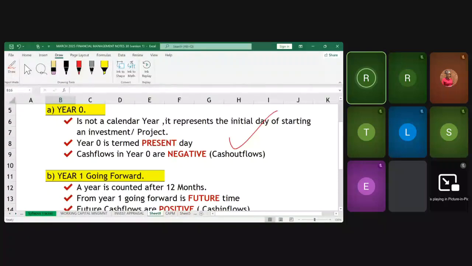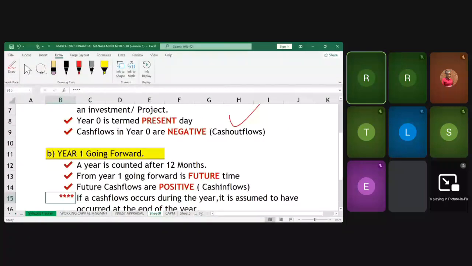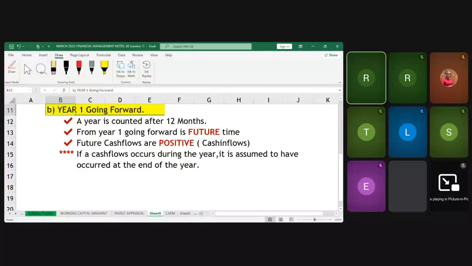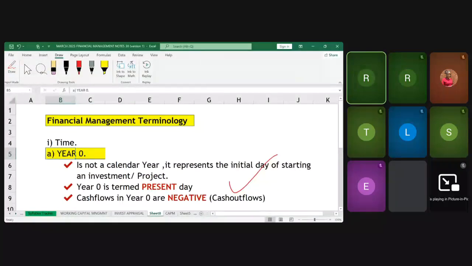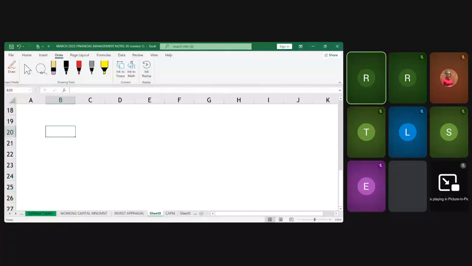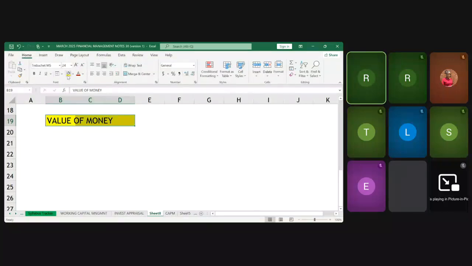If there is no question, we have looked at time. Let us now look at value of money. If we take time and value of money, we can now separate basic methods and the advanced methods.